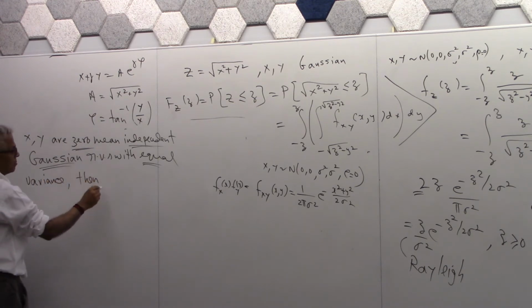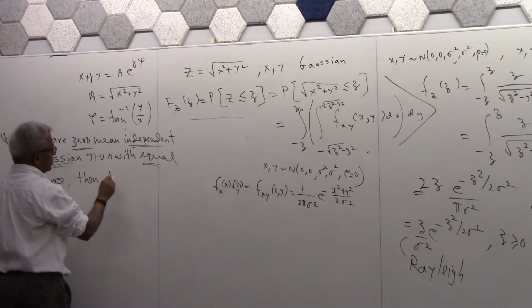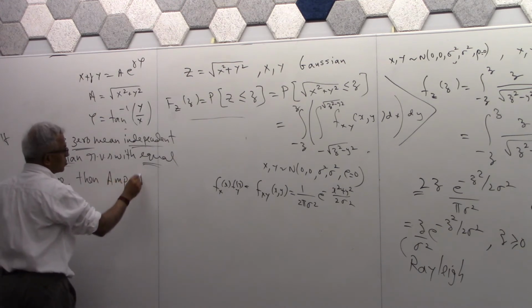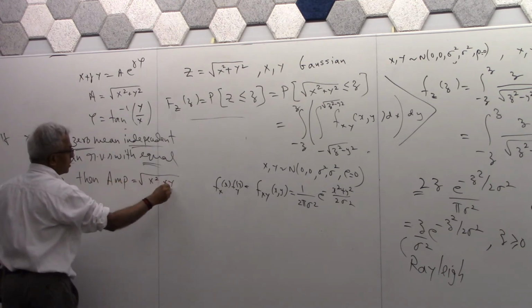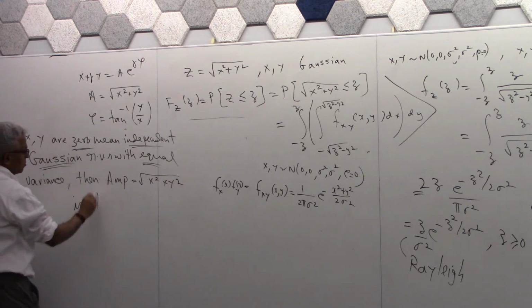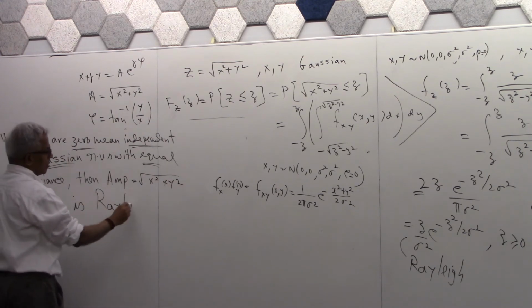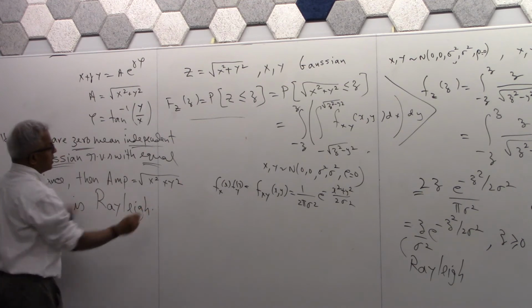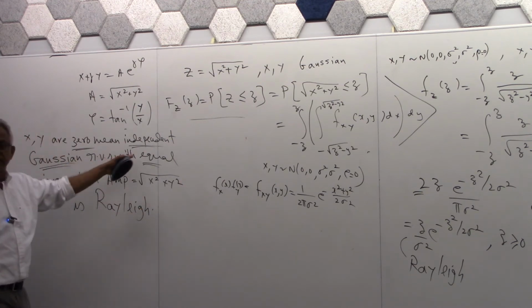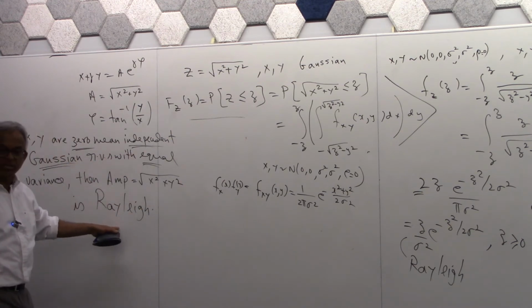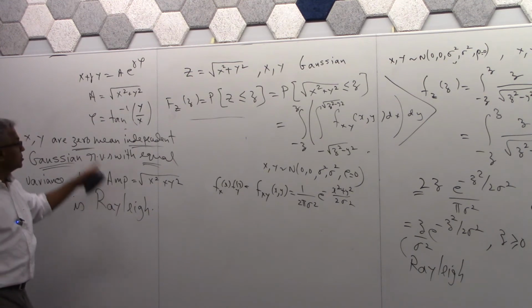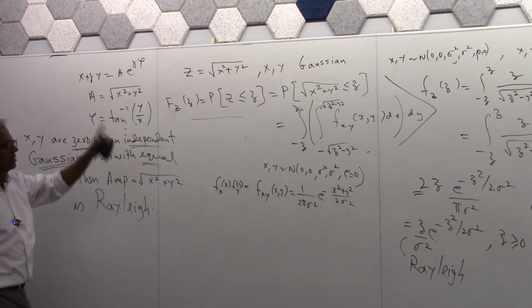Then the amplitude, which is square root of x squared plus y squared, is Rayleigh. That's the theorem. So you can pretty much be sure that if any of these conditions are violated, this result is not true. So you need all these conditions under which we showed.